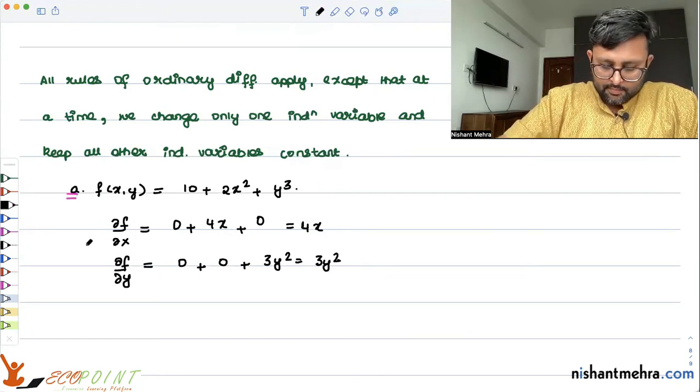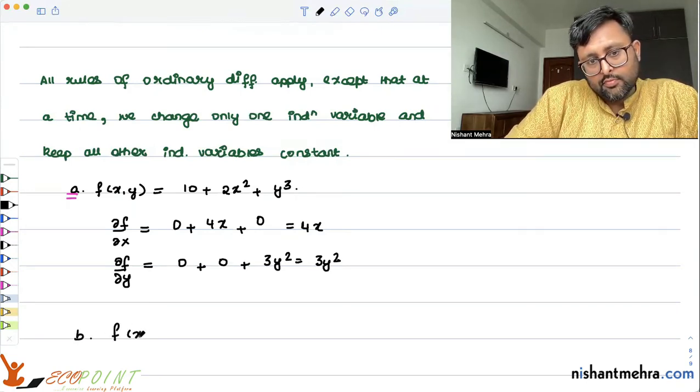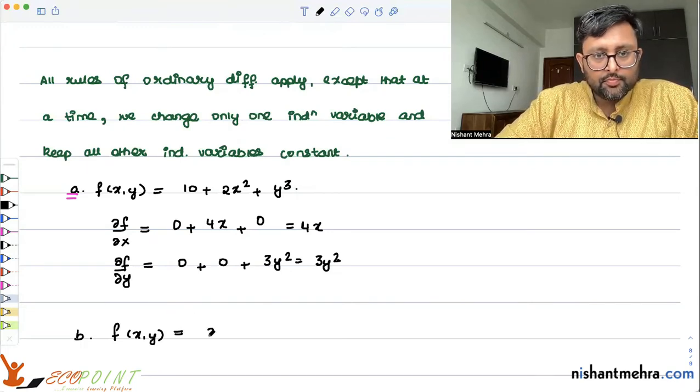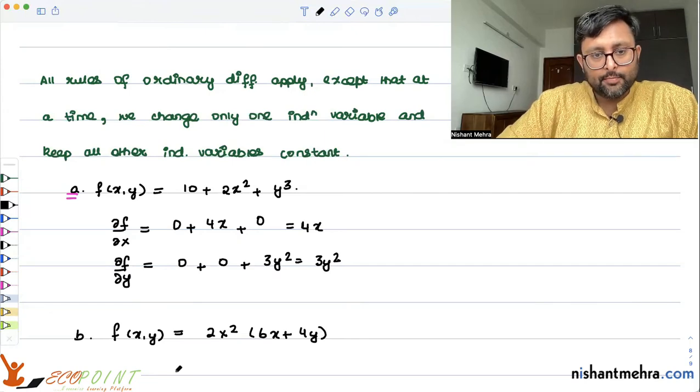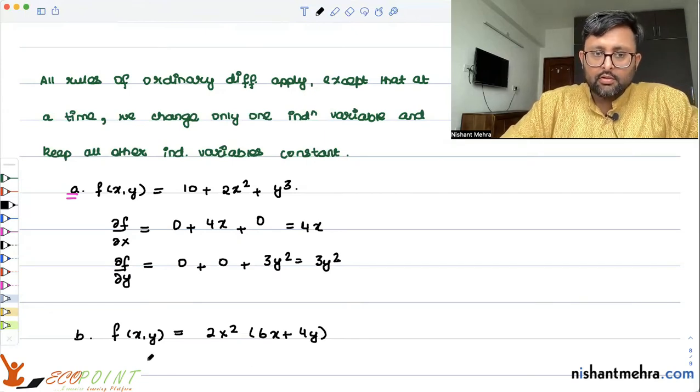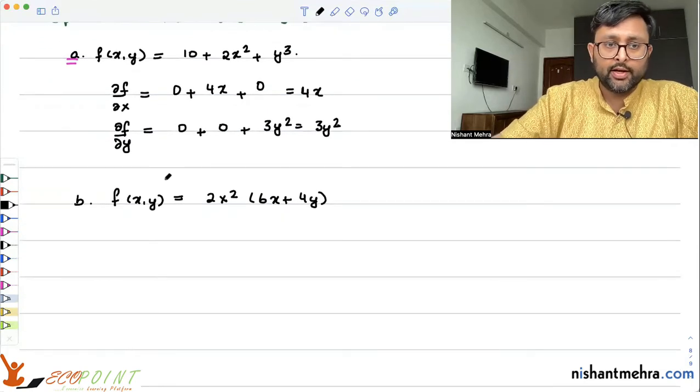Then you might have a function like this: f(x, y) equals 2x squared times (6x plus 4y). Again, the product rule is going to apply.